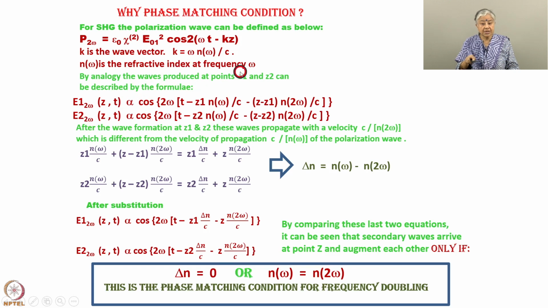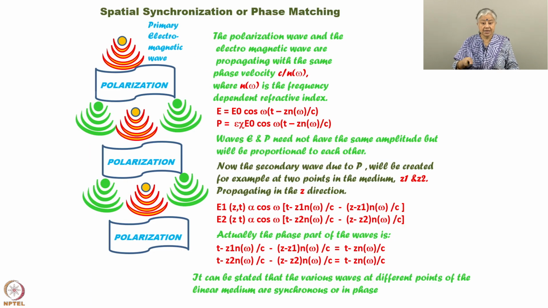Now, just see by analogy, the wave produced at points Z1 and Z2 can be described by this formula. In the previous slide we had said the secondary waves produced at Z1 and Z2, and at that time I was referring to this and this, but those were of the frequency omega. Now I am referring to these green waves.